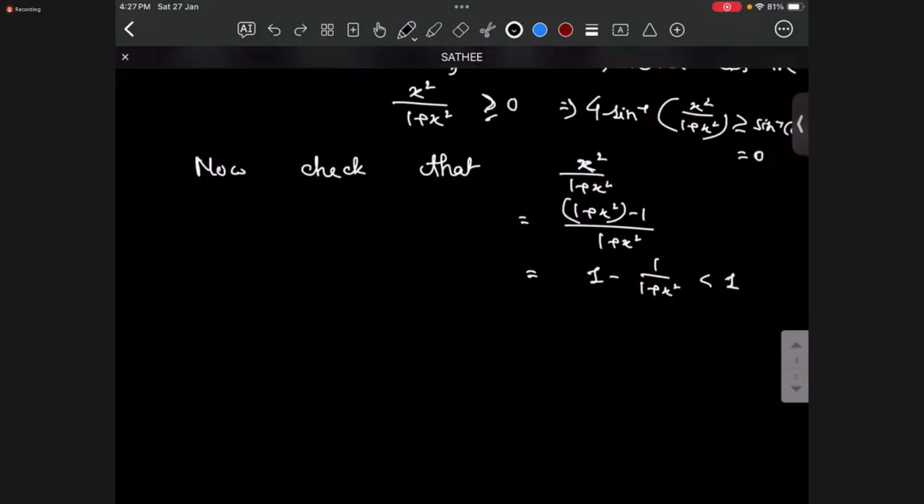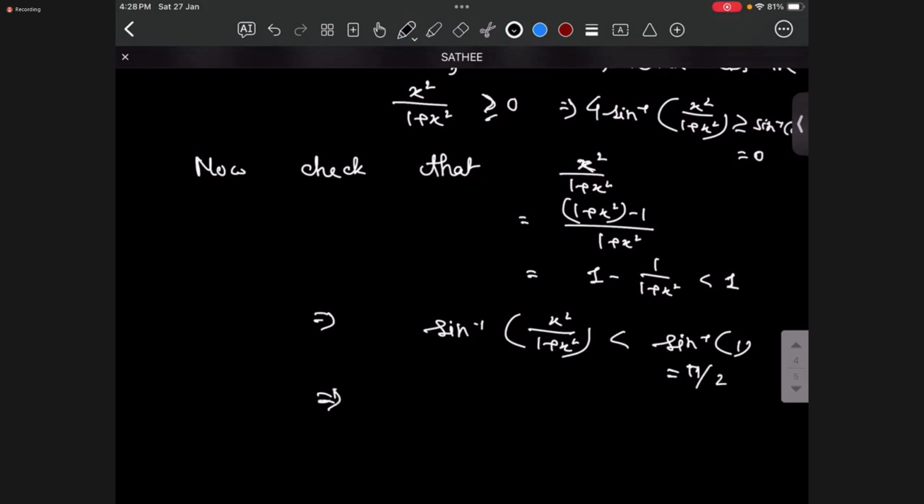So this implies sine inverse of x square by 1 plus x square is less than sine inverse 1, and sine inverse 1 is pi by 2.